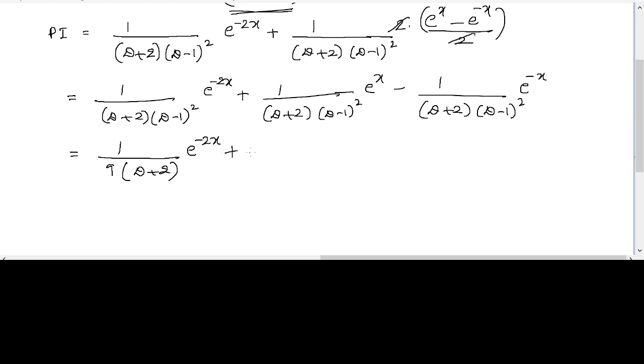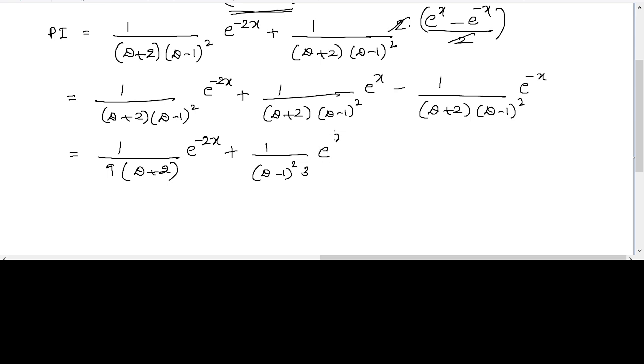So let us take the second term. In the second term, by replacing D by 1, we are going to get 0 in the denominator. So to overcome that, we need to multiply by x. Here we replace D by 1 in the (D+2) term, so we write the (D-1) whole square term as it is. In D+2 we put 1, 1 plus 2 is 3.